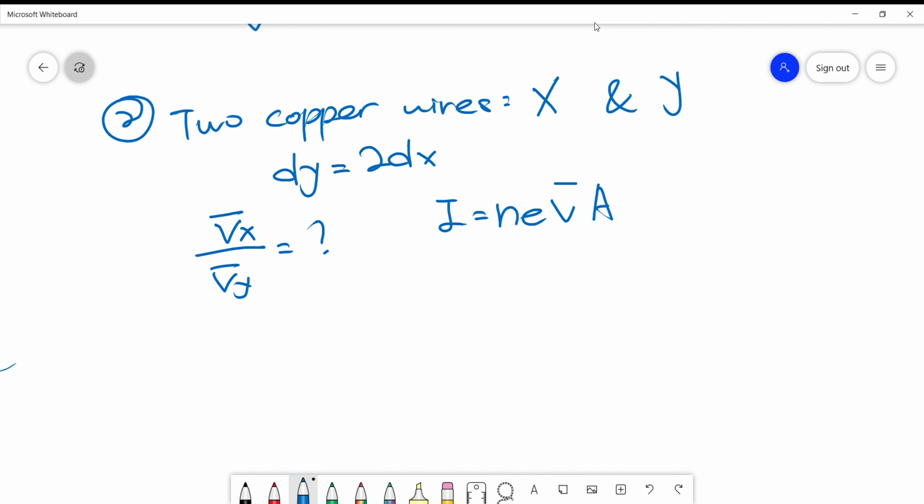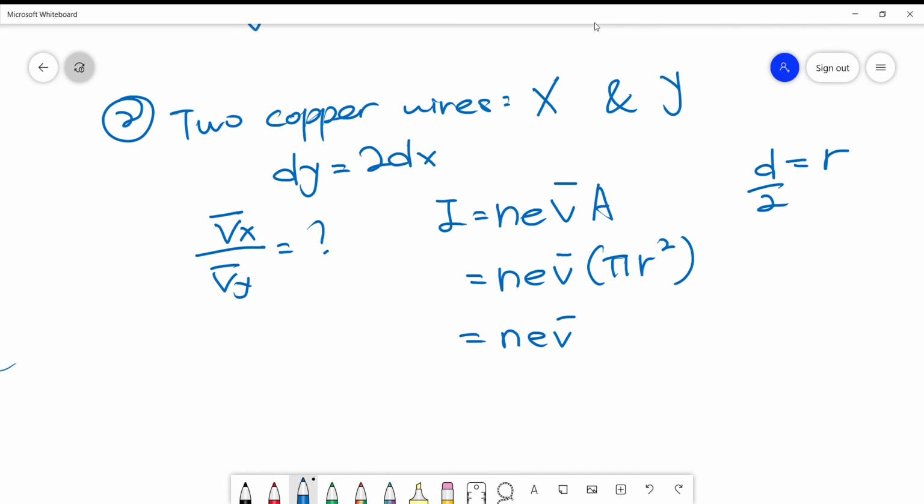From here we have the drift velocity, and since we are about to find out the diameter, what we need to do is derive this A. This is pi r squared, and since d over 2 is r, it becomes pi times d over 2, squared.